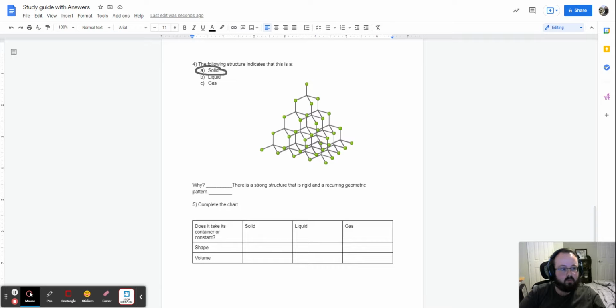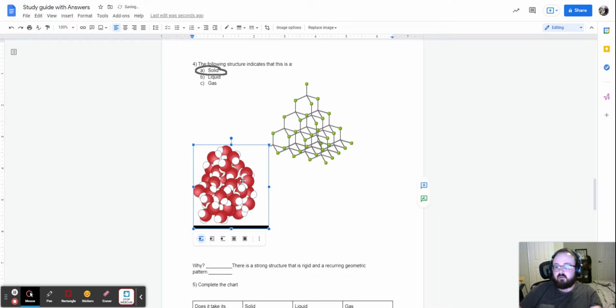You'd have something like this. This is a liquid. You can see how there's no shape in the atoms, right? There's no definite shape. They don't take a pattern. They're all random around. Whereas the solid has this pattern.